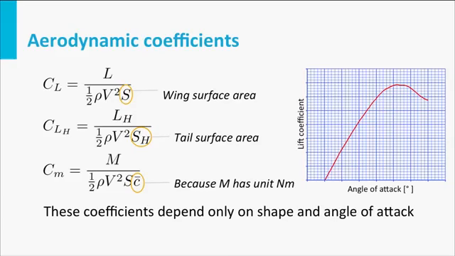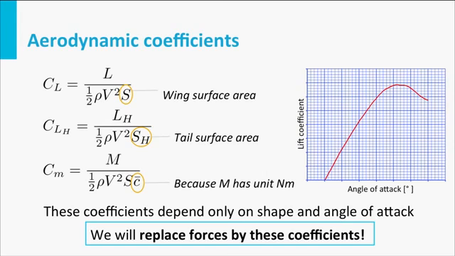So if we divide by the chord, we take out the scaling effect, and we have made the coefficient completely dimensionless, which means unitless. The half rho v squared S times the chord, the unit of this complete multiplication is Newton meter. So by dividing the moment by Newton meter, we have made a unitless, which we call dimensionless coefficient.